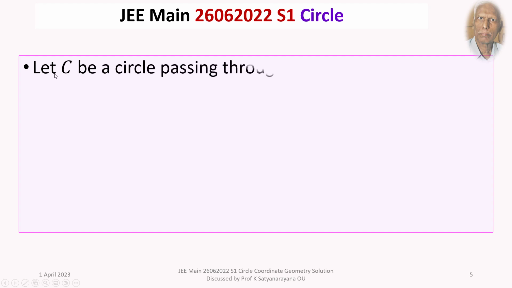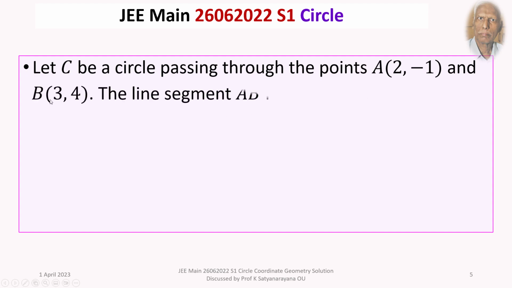The given question is: let C be a circle passing through the points A with the coordinates (2, -1) and B with coordinates (3, 4).